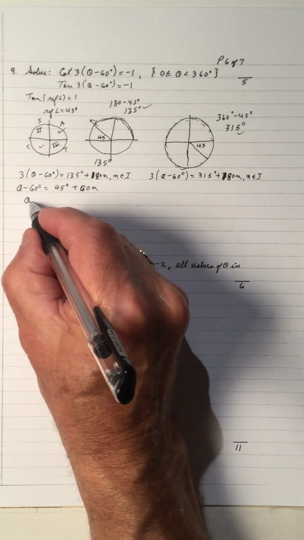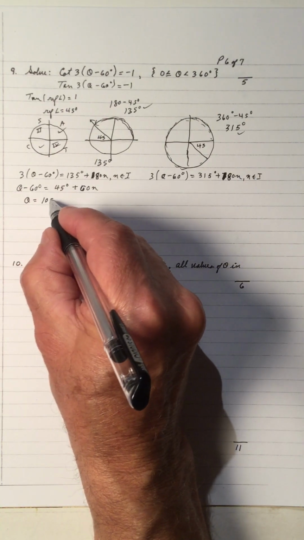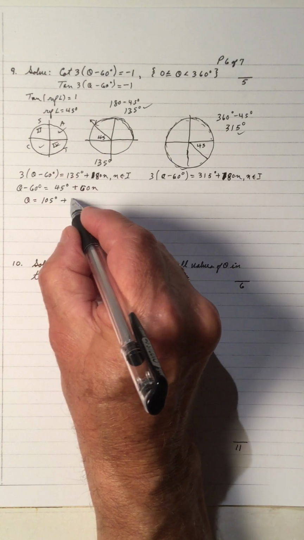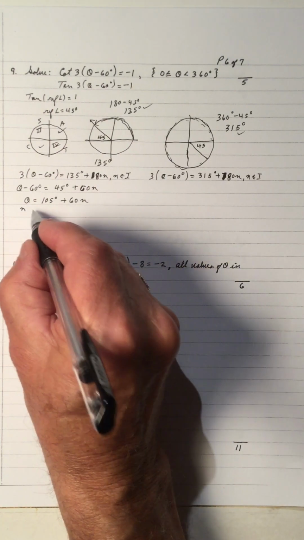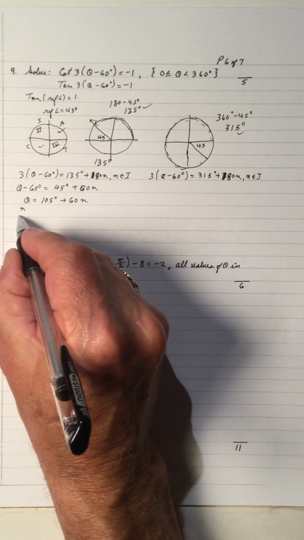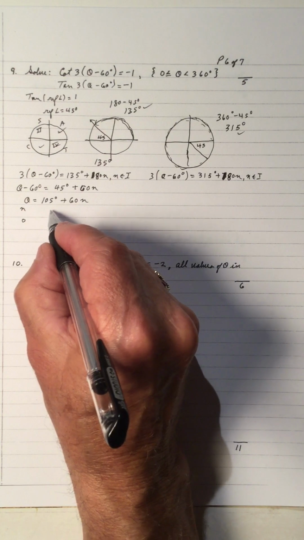And so theta is equal to 60 plus 45, which is 105, plus 60n.